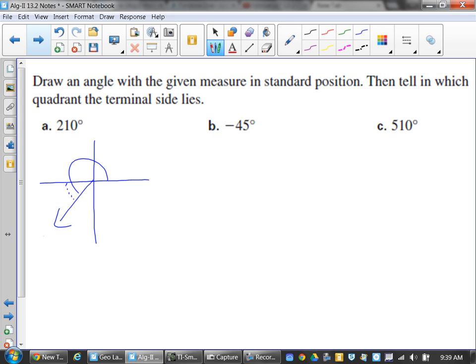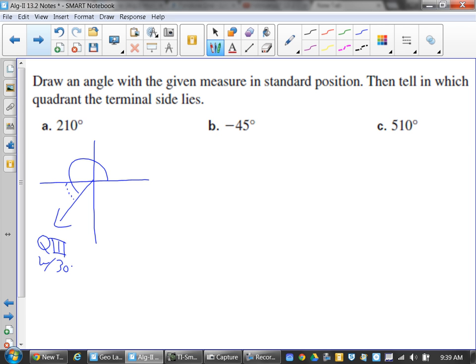So this is Q3, with a 30-degree reference angle. Just kind of leading myself into what these reference angles are. The quicker you learn where the reference angle is, the faster the trig's going to be later on.